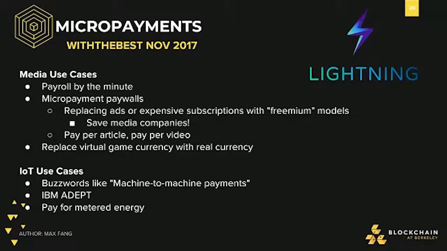It sounds kind of gimmicky, but that's the kind of thing that would be possible using Lightning as a payment layer. Also, you can imagine paying for metered energy. You can charge drones this way, you can charge electric cars this way, maybe charge your phone this way. These are all possible.